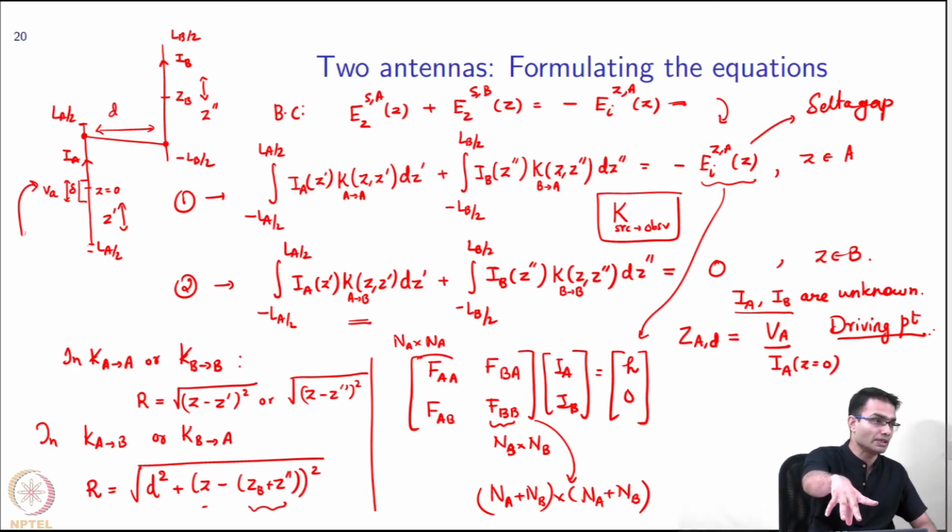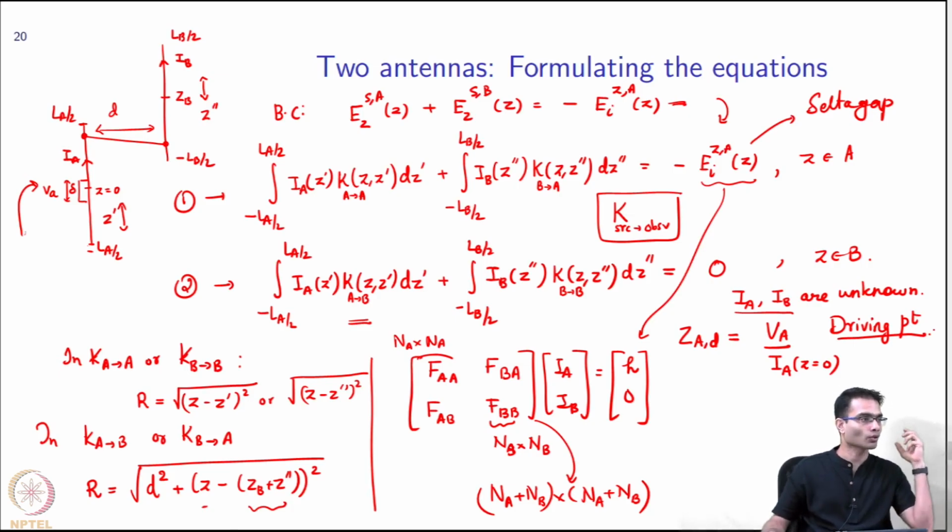Instead of element B being a current element, you could have, for example, a human body, and you wanted to study what is the role of a human body on the input impedance of your antenna. You are holding your mobile phone close to your head, it is inducing some currents on your head and changing the input impedance, right. So, everything inside the antenna will change depending on what object you place it close to.